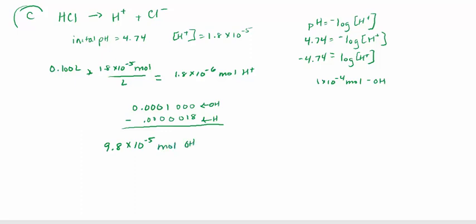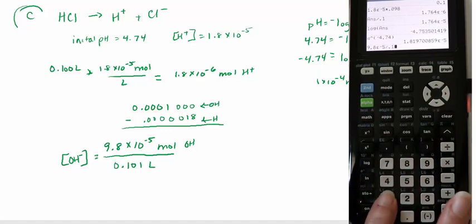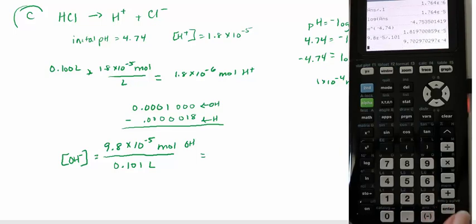So now I need to find the concentration of my hydroxide ion. I have my moles. I need to divide it by the total volume, which in this case is 101 milliliters or 0.101 liters. So in the calculator, it's 9.7 times 10 to the negative 4, capital M molar.